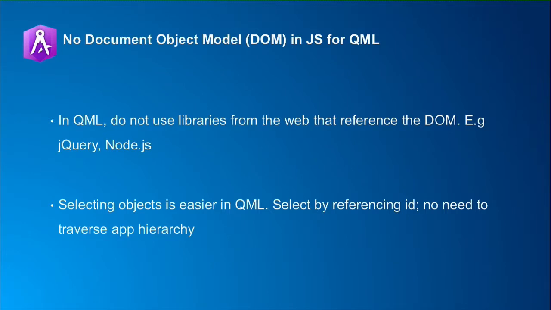But selecting objects in QML is actually a lot easier, as we showed you in the previous demo, you can just select the ID of the QML object, you don't have to traverse into the div within the div and the button and all that, compared to HTML.